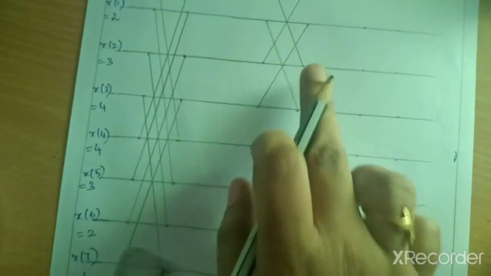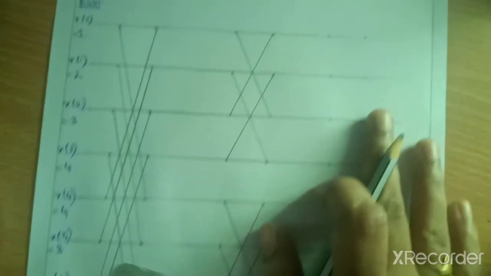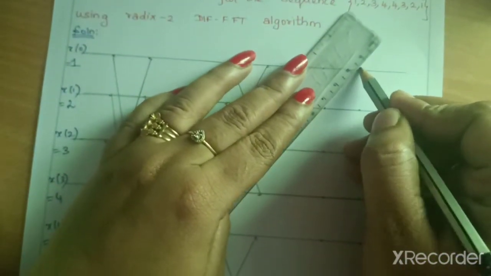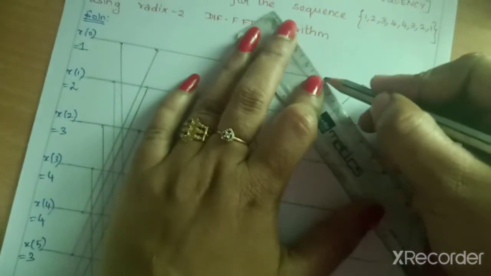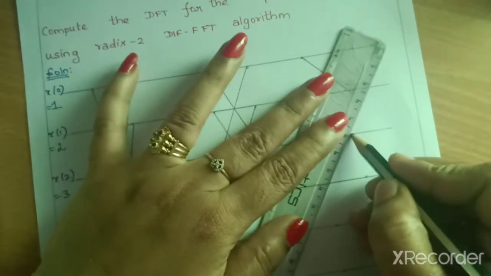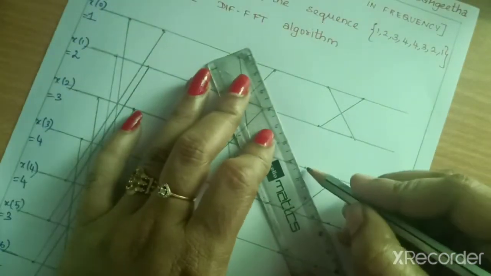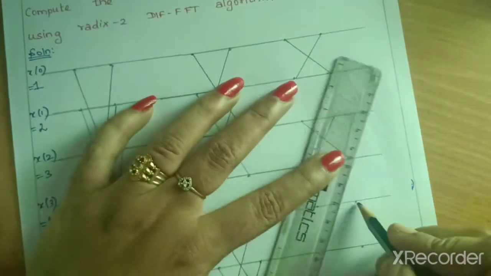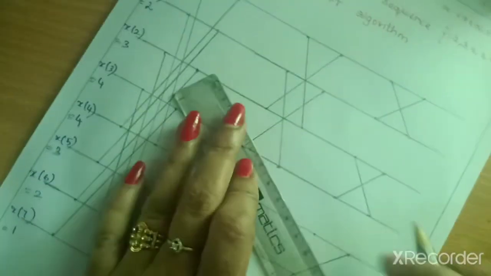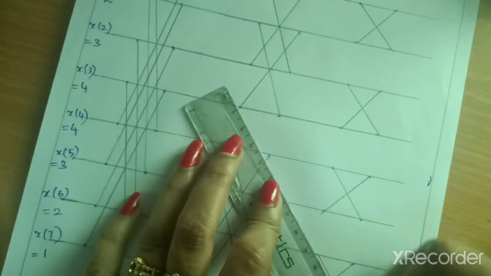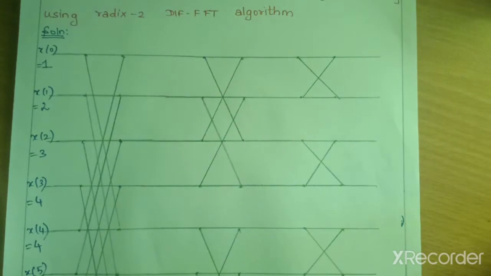So like this you have to connect the lines. Next in the third stage you have to connect the first line and the second line. So like this you have connected the lines.